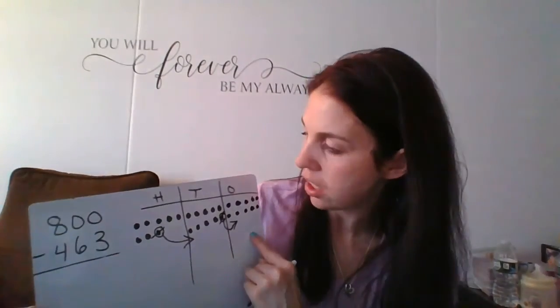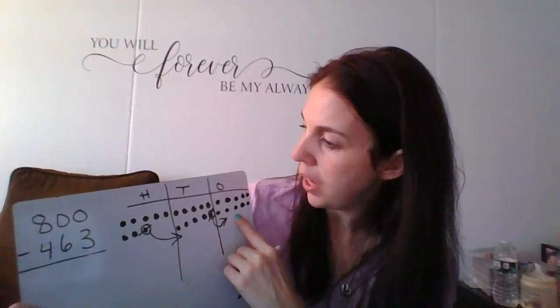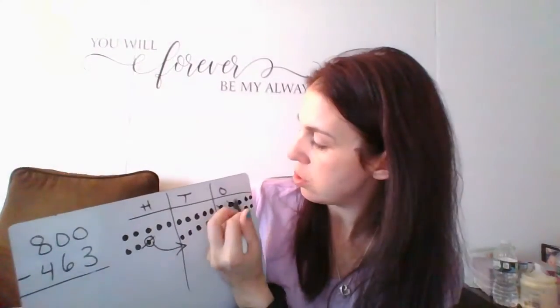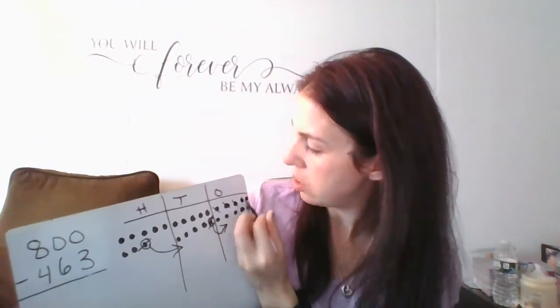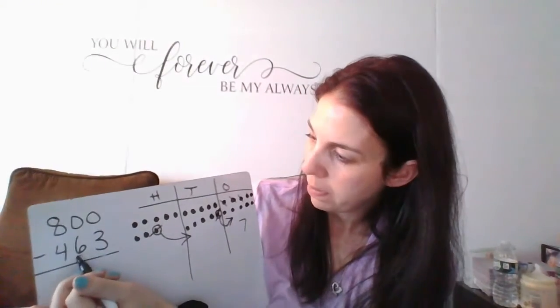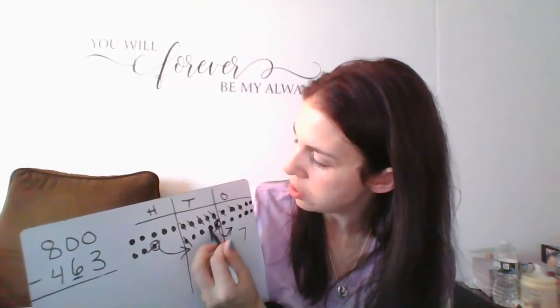So we've got 800 here. We have our ones, and we need to take away 3 ones. 1, 2, 3. 1, 2, 3, 4, 5, 6, and 7. We have 6 tens. How many are left? 1, 2, 3.